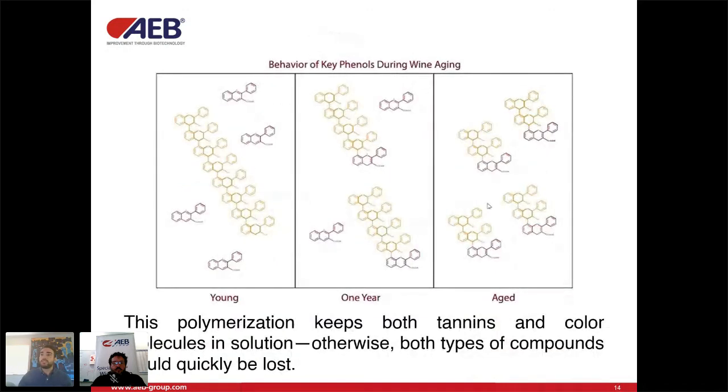This is a schematization of the aging process and the formation of polymeric pigment in the barrels. The polymerization between the tannins and the color not only stabilizes the color, but helps keep both compounds in your wine.